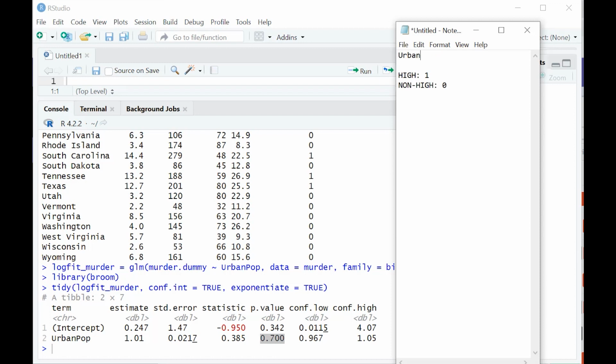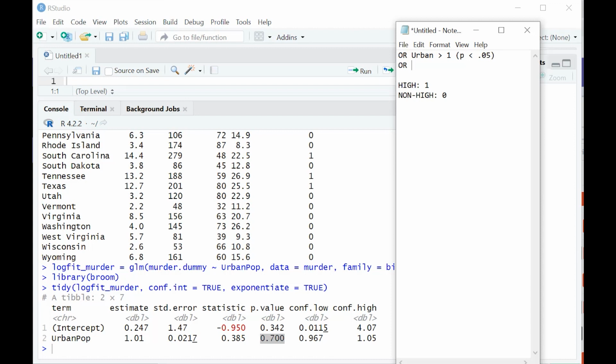Now, if the odds ratio for urban population is greater than 1 and it is statistically significant, that would tell us that any increase in the urban population would increase the odds of a state being a high murder state. And that's because we coded high as 1 and non-high as 0.